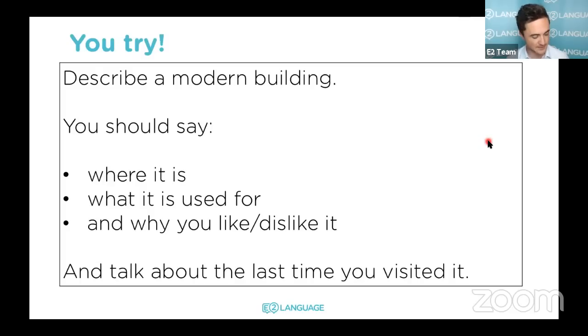Thirty seconds left. Three, two, one, and that's 2 minutes.